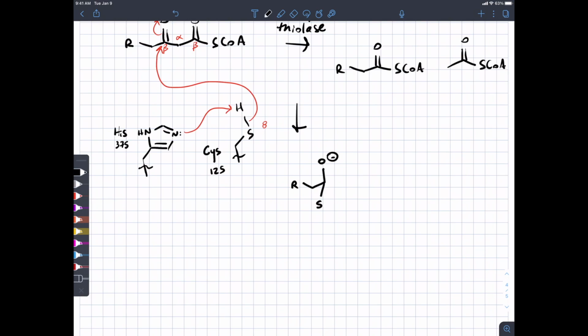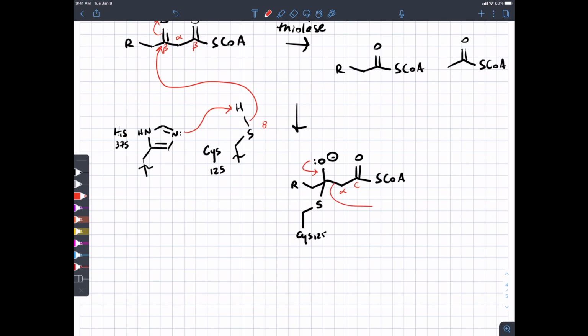Negatively charged oxygen, cysteine 125 here, and then the alpha and beta carbons of our thioester there. So electrons on the carbonyl oxygen are going to kick down, and the leaving group leaves as an enolate.